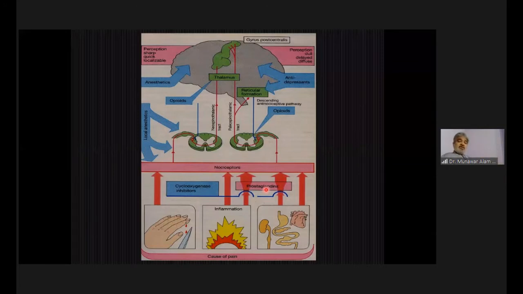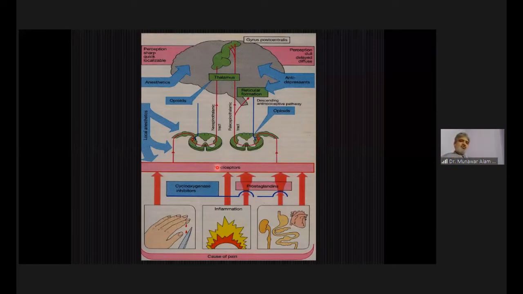When there is plenty of prostaglandins, it increases the sensitivity of the nociceptors. So the pain carrying capacity of the receptor is enhanced, and low threshold pain stimuli are carried up to the brain and we feel the pain.